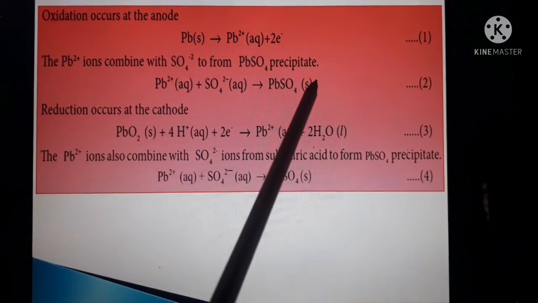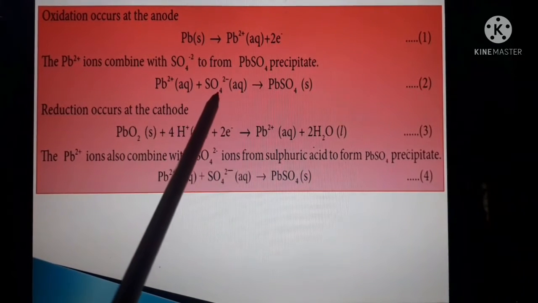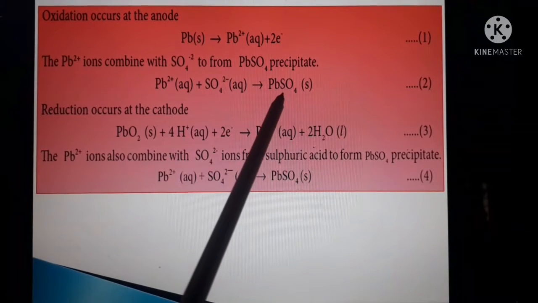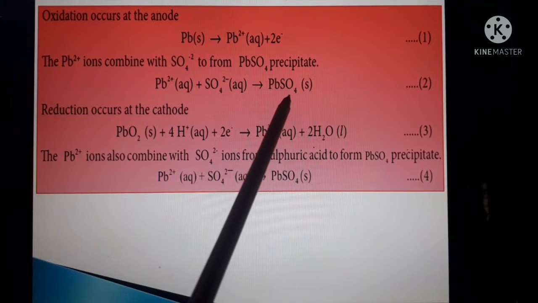The precipitate is formed. Pb 2 plus and SO4 2 minus give lead sulfate.